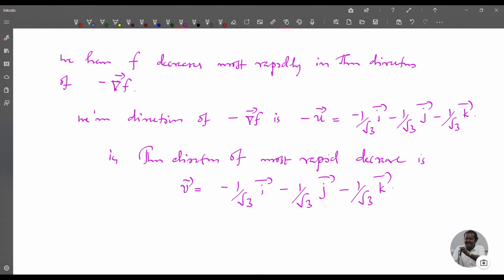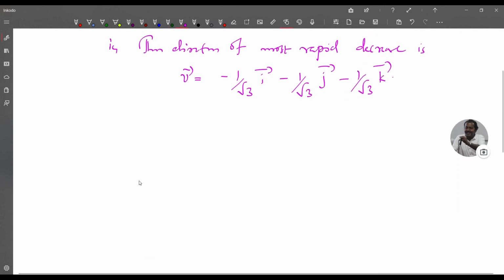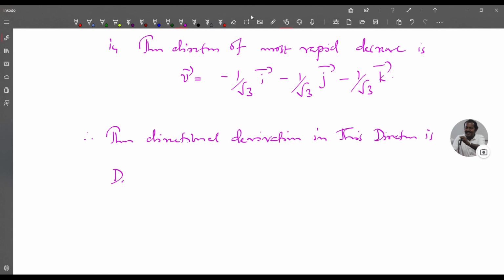So now we have to find the directional derivative in this direction. So the directional derivative in this direction is Dv f at p naught. Here v is minus 1 by root 3 i minus 1 by root 3 j minus 1 by root 3 k. This is equal to modulus of del f at p naught into modulus of v into cos theta.